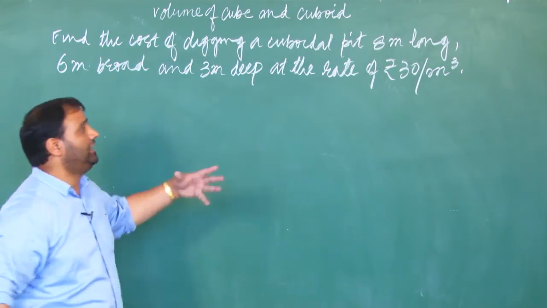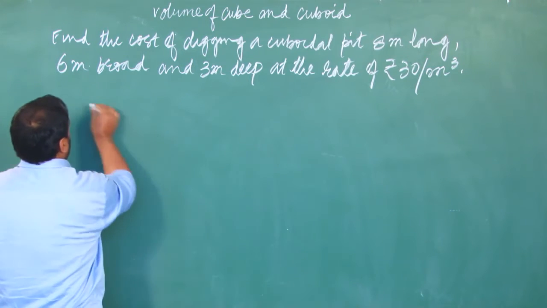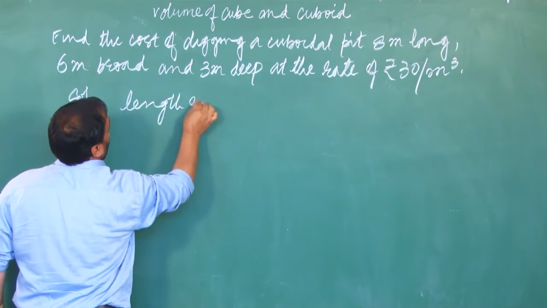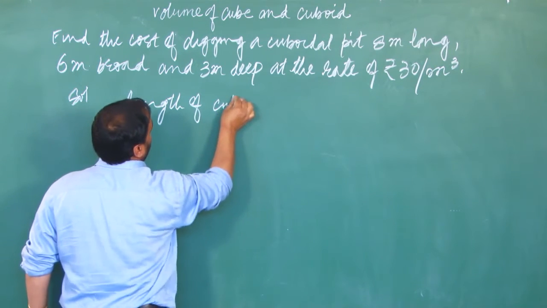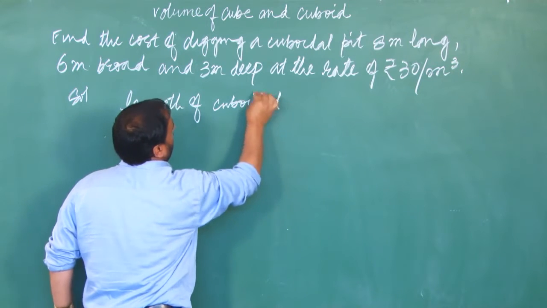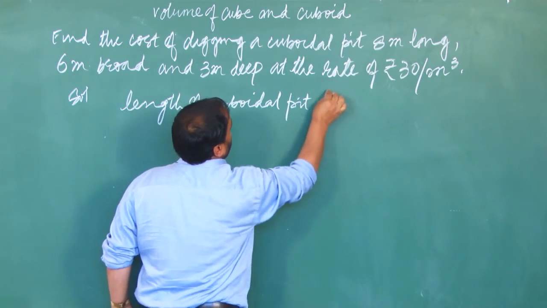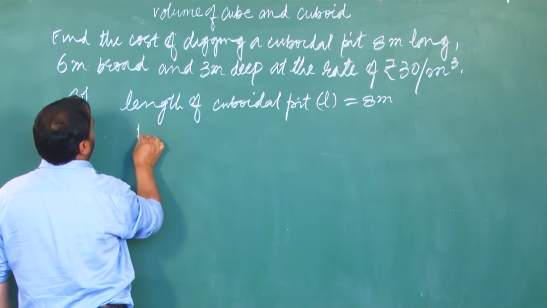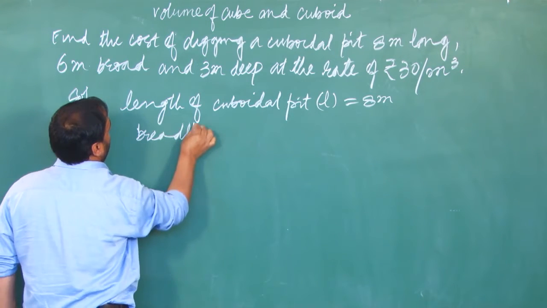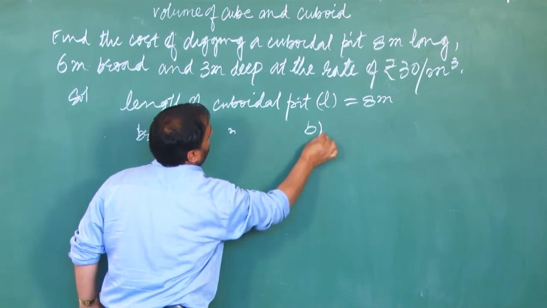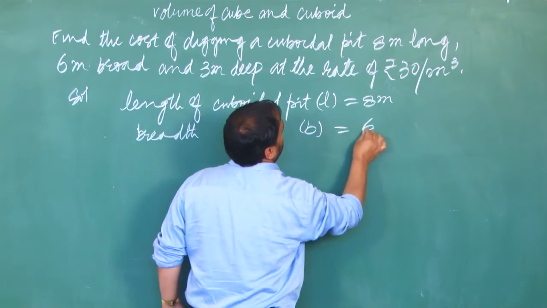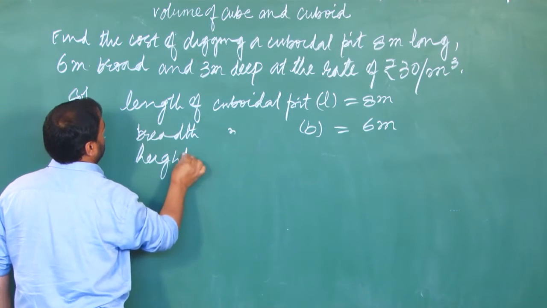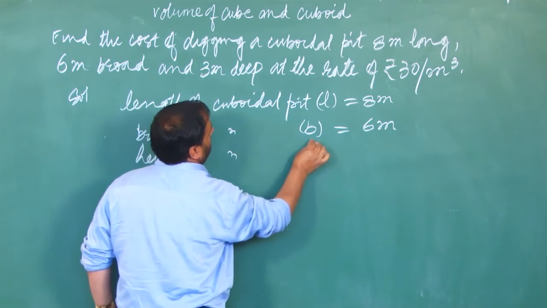So straight away we find the volume of the cuboid. What is the length of the cuboidal pit? It is 8 meters, and its breadth, denoted by B, is 6 meters, and its height is 3 meters.